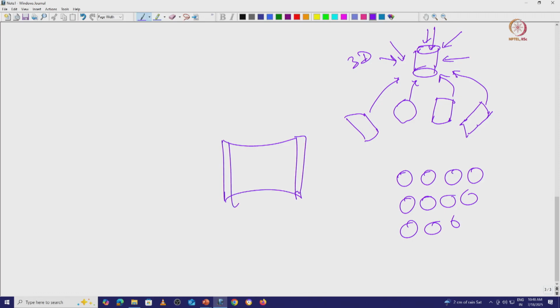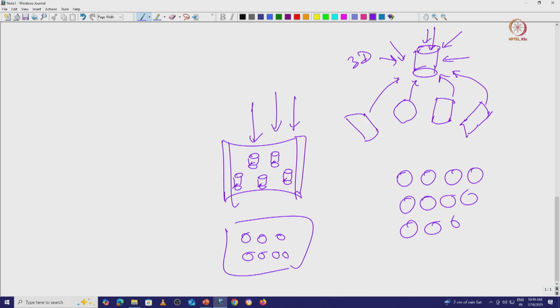If this is your ice, the sample will only be oriented like this, and then when the electron beam passes through this, you will see a 2D image where only this circular top view can be seen.